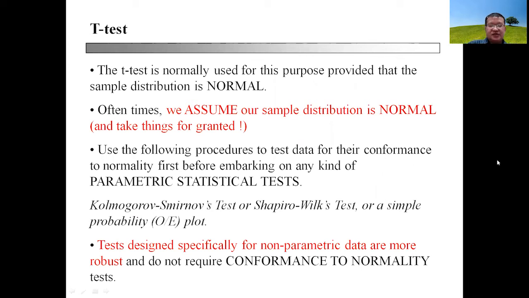The test is actually used for two-group comparison, provided that the sample distribution is normal. However, we often assume that our sample distribution is normal and take things for granted.